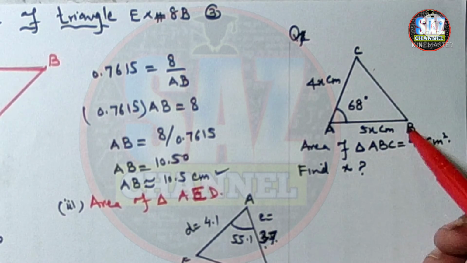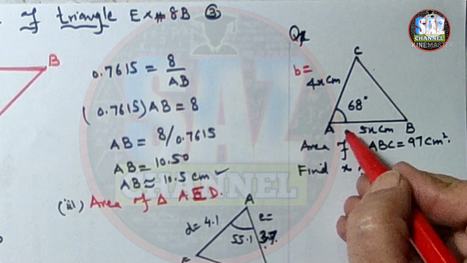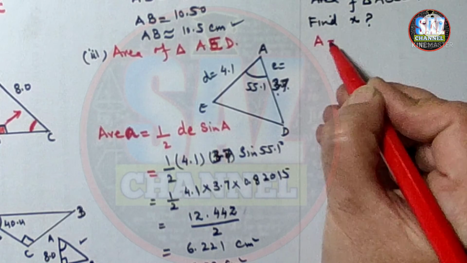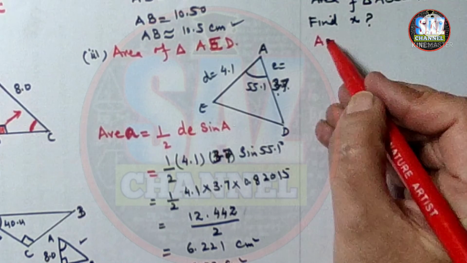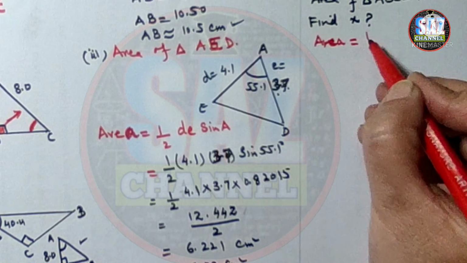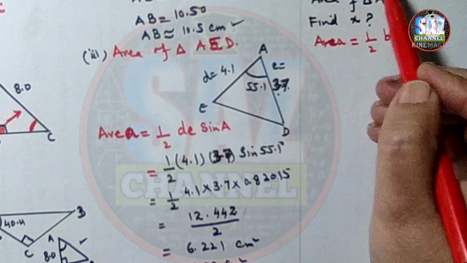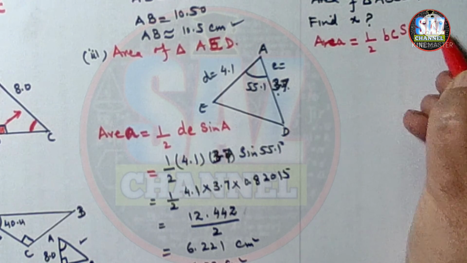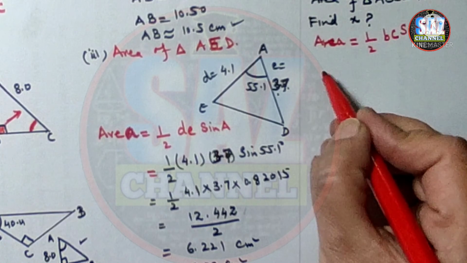As this is vertex B, this side will be B, and this side will be C. Area of triangle equals, again we are involving angle A, so let me write it. Area equals half B and C, these two sides, and included angle, sine of angle A, and the given area is 97 units square.